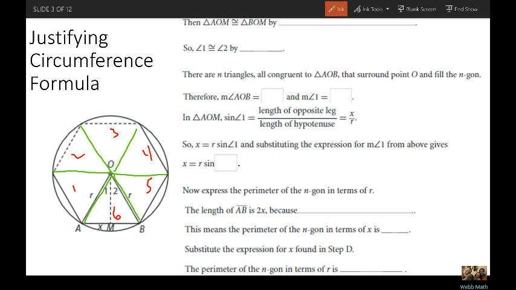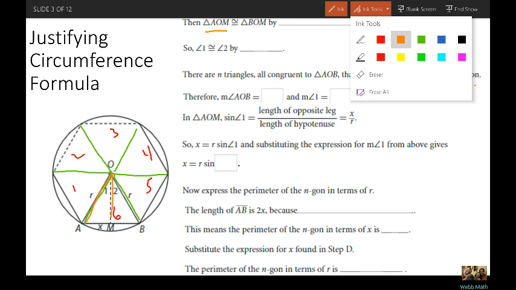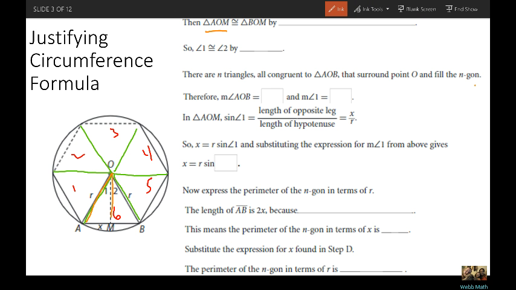Going off the book, triangle AOM is congruent to triangle BOM by the side-side-side congruency criterion.